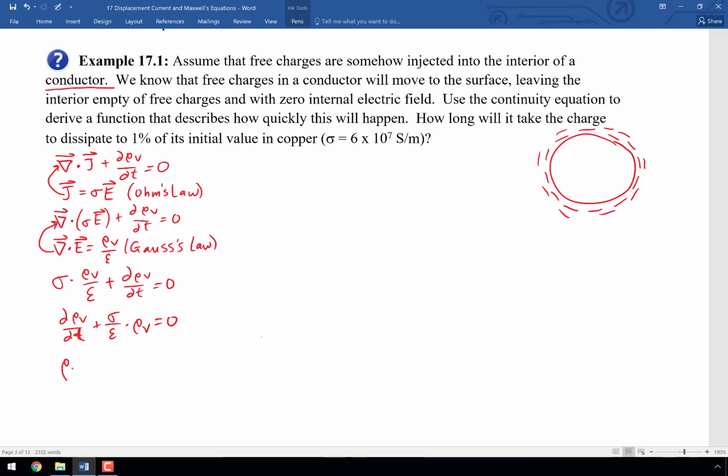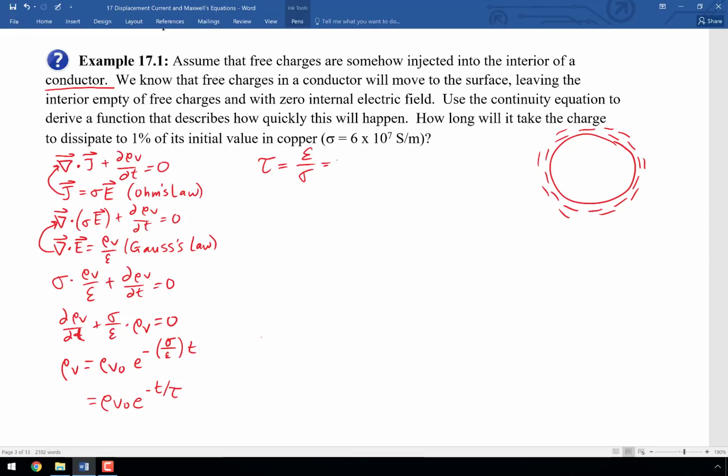We know then that rho sub v is going to have an initial value, rho sub v0, times e to the minus sigma over epsilon times t. And another way of representing this is rho sub v0 e to the minus t over tau. So we can combine those together to see that tau is equal to epsilon over sigma.